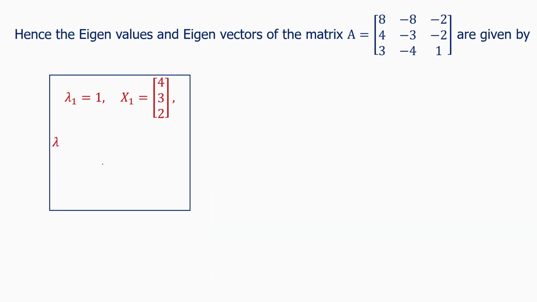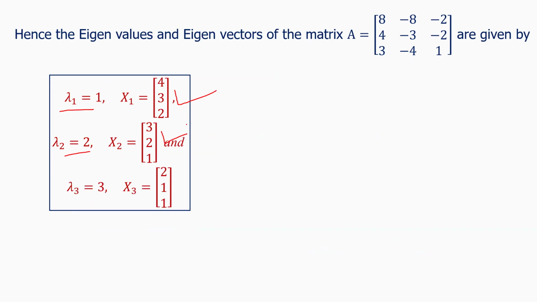If lambda 1 is equal to 1, x1 is this. If lambda 2 is equal to 2, x2 is (3, 2, 1). And if lambda 3 is equal to 3, x3 is (2, 1, 1). So these are the eigenvalues and eigenvectors of the given matrix. Thank you.